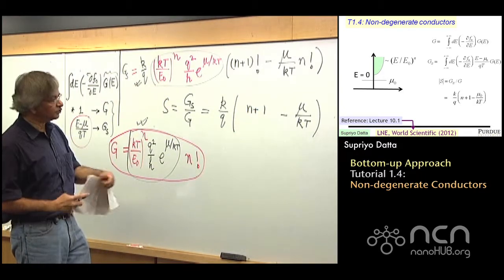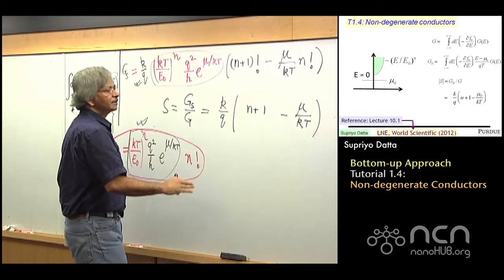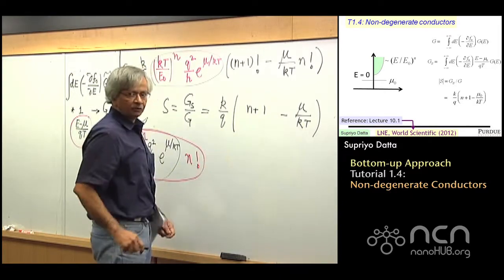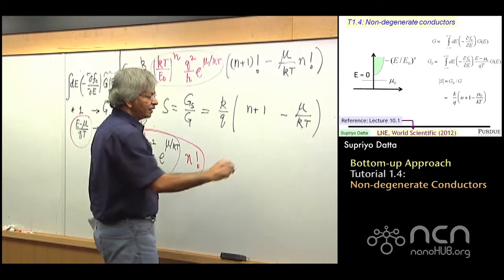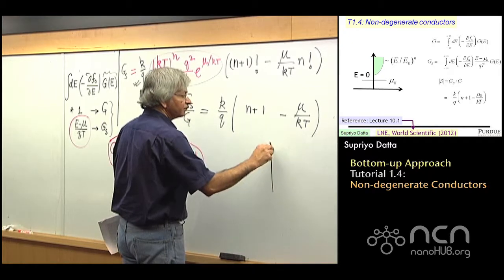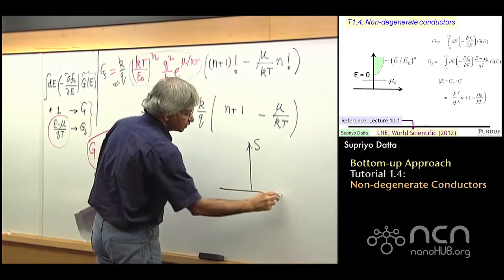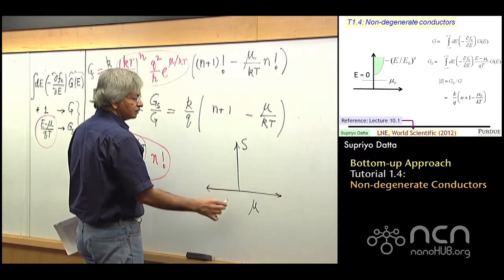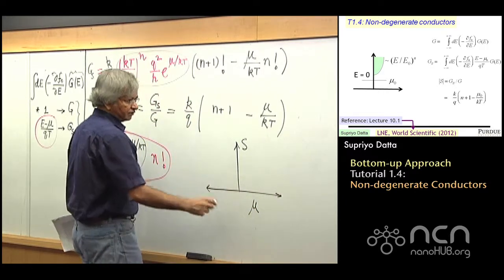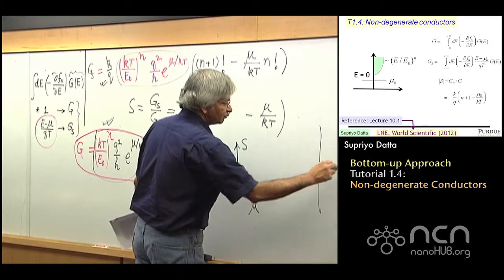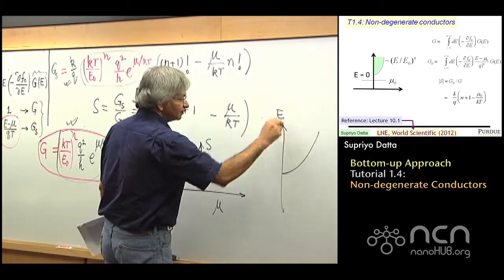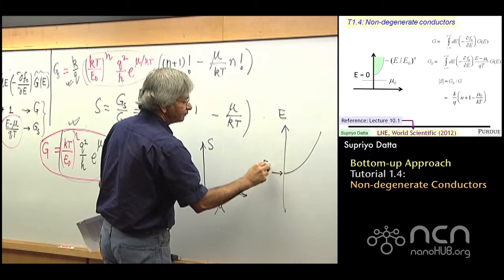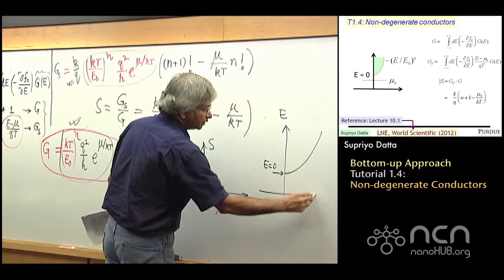This is what I'd asked you to prove: the Seebeck coefficient changes linearly with mu. If you remember, I started by saying that if you plot the Seebeck coefficient as a function of mu, and we are talking about the non-degenerate side, the picture I had was the energy, this was E equals 0, and then we had a mu down here.